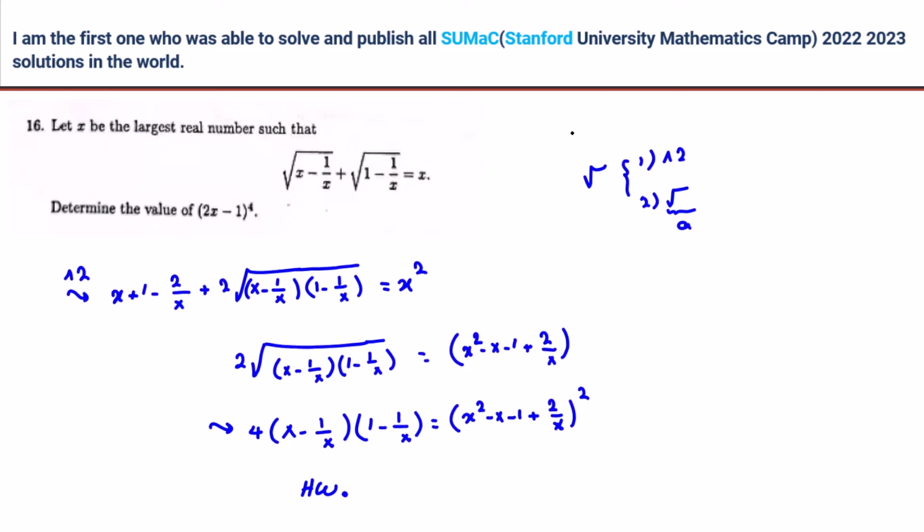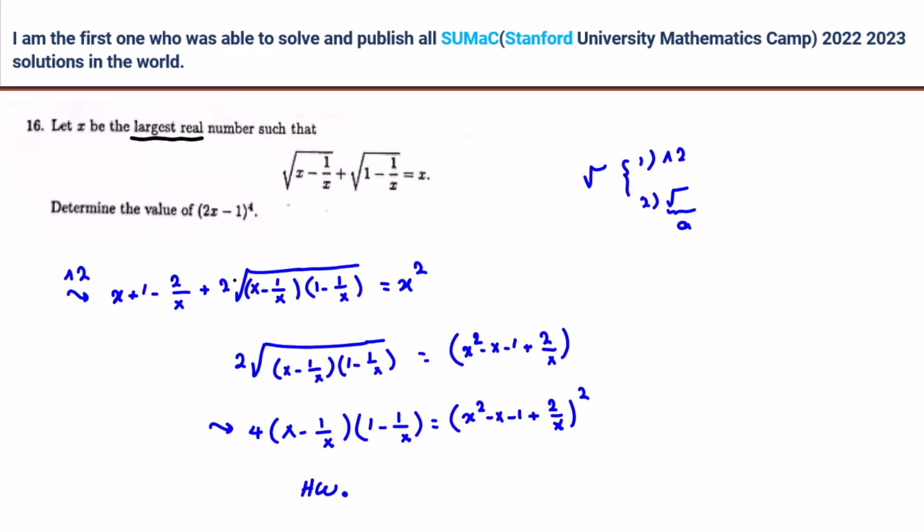We said okay, x plus 1 minus 2 over x, we raised to the power of 2. And it says x is the largest real number. Probably we will find some answers for these, and we should find the smallest one, the greatest one, right?